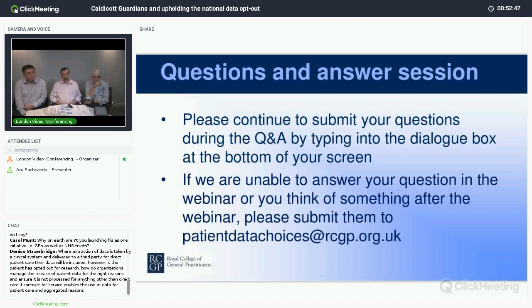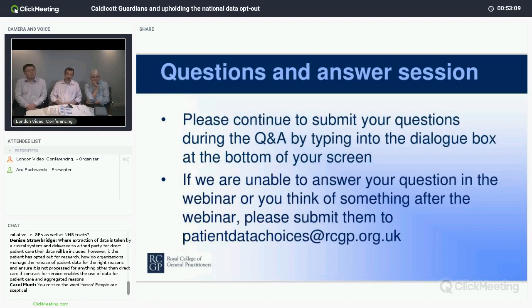If the type 1 objection persists beyond March 2020, then the type 1 objection does apply to section 259, and the fate of the type 1 objections is up for decision by March 2020, and a consultation with the National Data Guardian has to precede that.